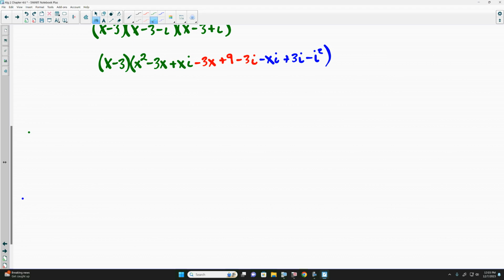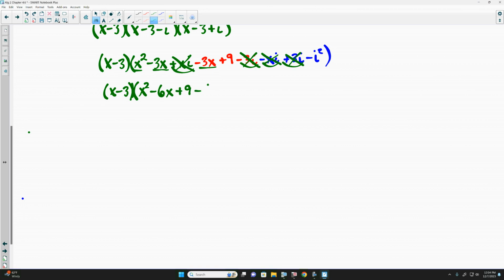Now at this point here, we do need to do some simplifying. We'll still have our x minus 3. Then our second set of terms, positive xi, negative xi, those become 0. Negative 3i plus 3i, that is 0. Our other like terms, x squared doesn't have any other like terms, so it stays x squared. Negative 3x minus 3x is negative 6x.